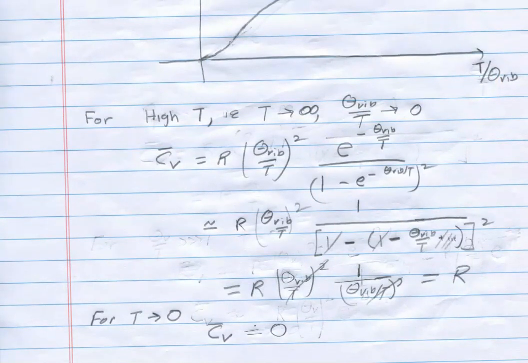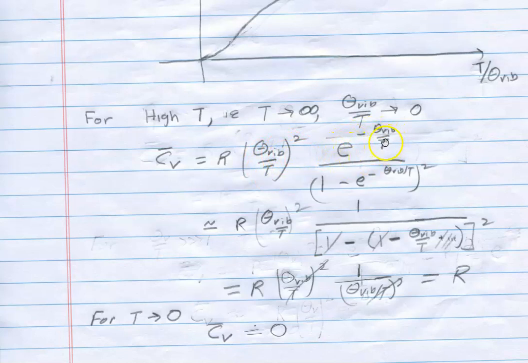For T going to 0, that's pretty easy too, because as T goes to 0, this term becomes infinite. This one goes infinite as well, but the exponential dominates over this, and so ultimately the exponentials always win.